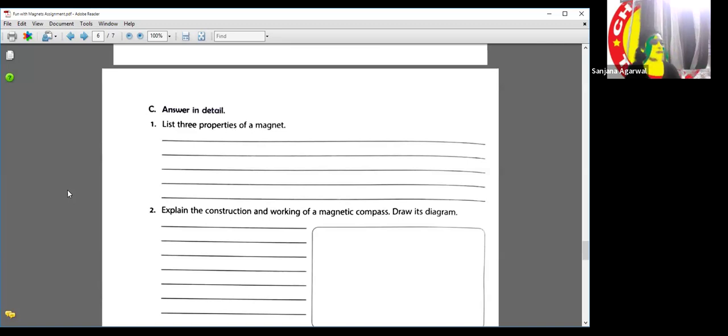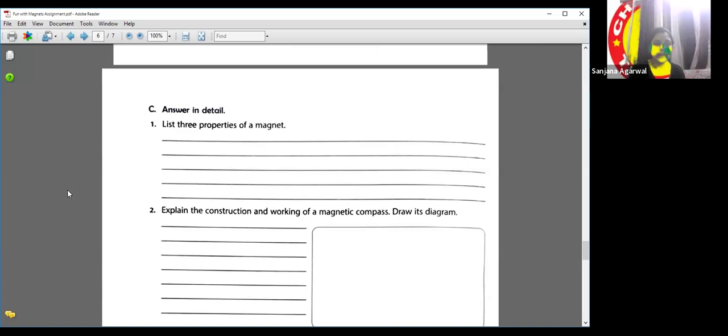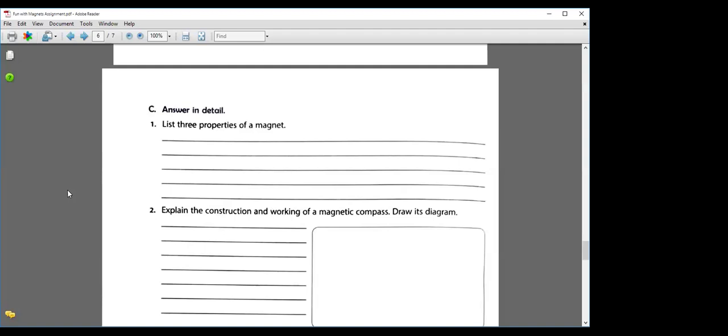Correct, Neha. But you haven't told the reason why it happens. You have just told that this pole is attracted to this geographical pole and vice versa. But why does it happen? Ma'am, because the Earth has a magnetic field, and our magnet feels the influence of Earth's magnetic field. Yes.